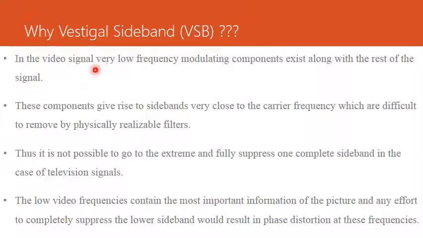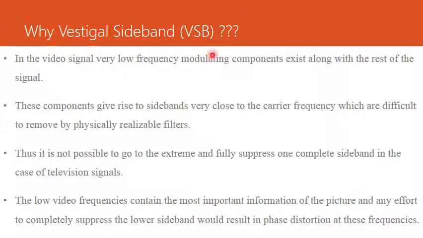So in video signal, a very low frequency modulating signal component exists. In the SSB generation we used a balanced modulator and filter in order to suppress the carrier and the sidebands.